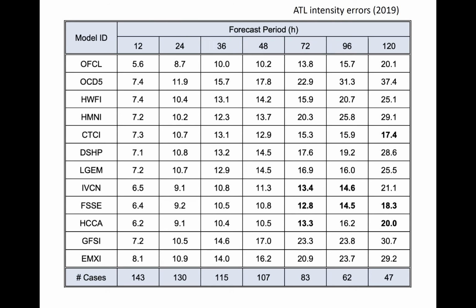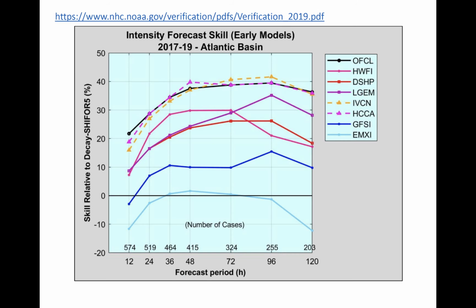Track forecast errors have generally decreased over the past few years, especially at 4 to 5 day lead times. However, intensity forecast errors have not markedly improved. As seen in this chart, average intensity errors of dynamical and statistical models are comparable to one another. Compared to climatology, the European Center model is actually less skillful at many lead times, while consensus models perform the best.